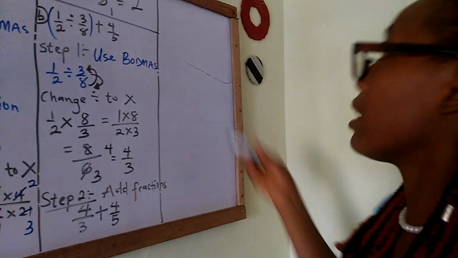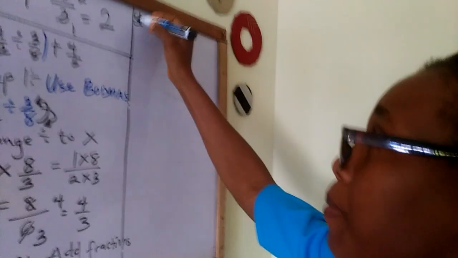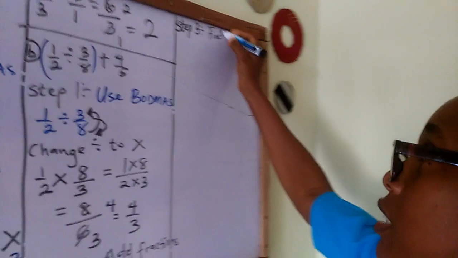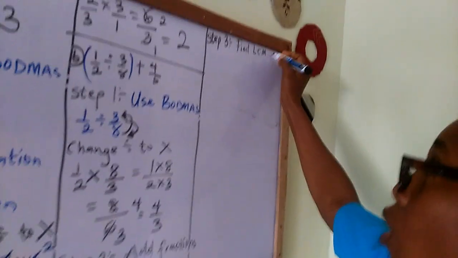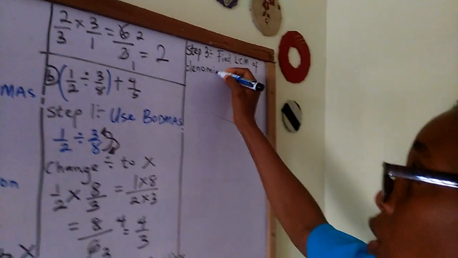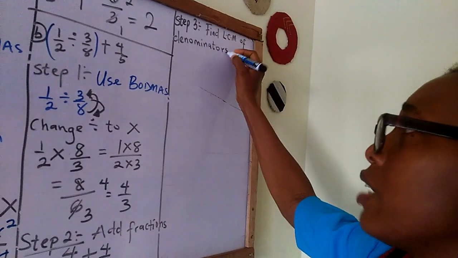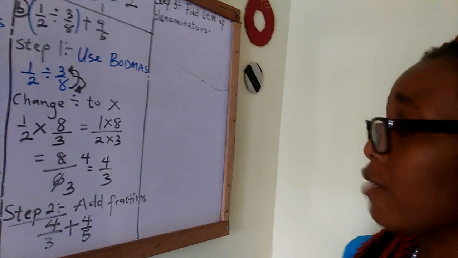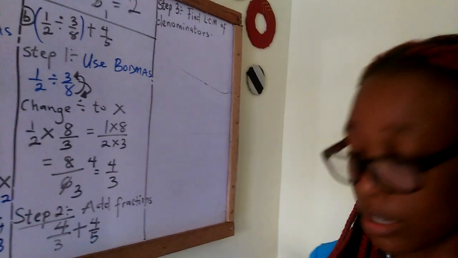So to make them have the same denominator, step 3, we find the LCM of the denominators. Why are we looking for the LCM of the denominators? The denominators are not the same. So we have to look for the LCM so that they can have the same denominator.